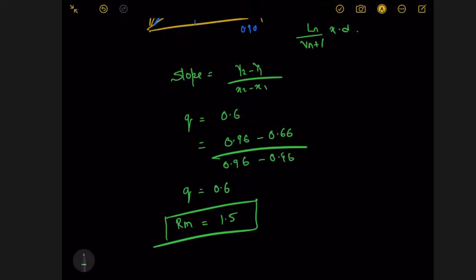Now you have to calculate the feed quality. So how will you calculate this?